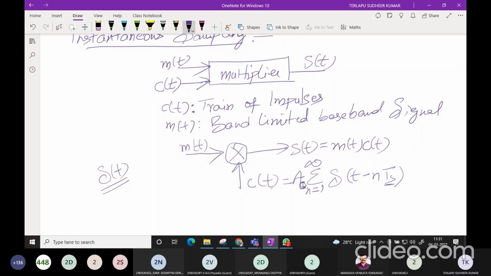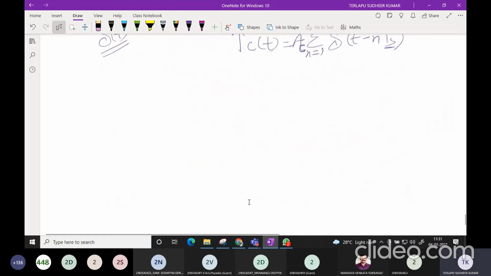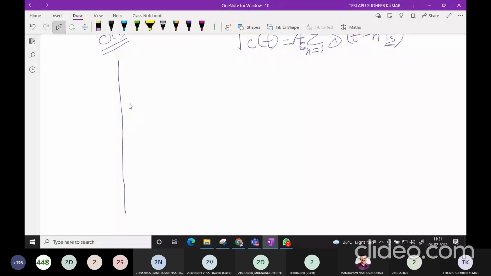Therefore, let us consider the waveform, how the product will look. Here M of t is like this, let us suppose.